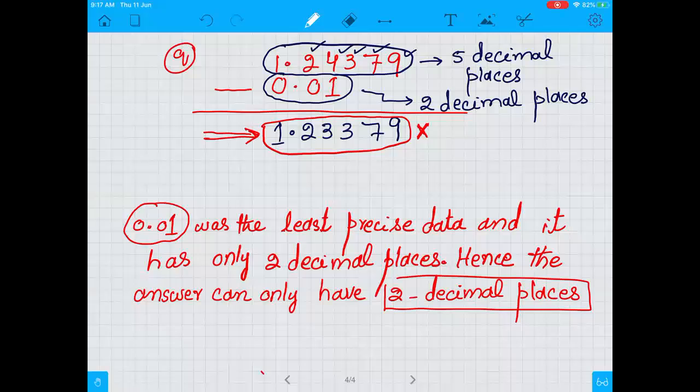As a result, the answer should be 1.23. This is a correct answer. So while adding or subtracting, care about precision or decimal places.